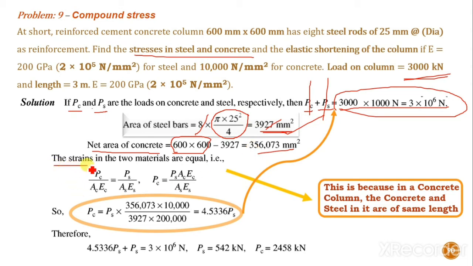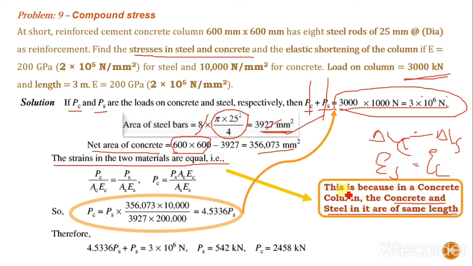And as you see, the strains in the two materials are equal, that is P C by A C E C is equal to P S by A S E S. That is what we have seen earlier, because the concrete and steel have the same length, delta L C is equal to delta L S. Strain in concrete is equal to strain in steel.